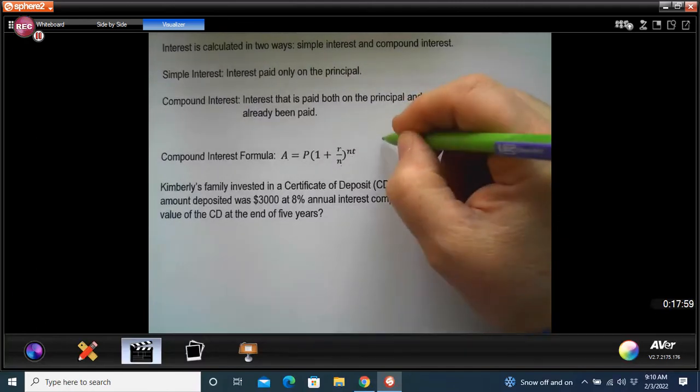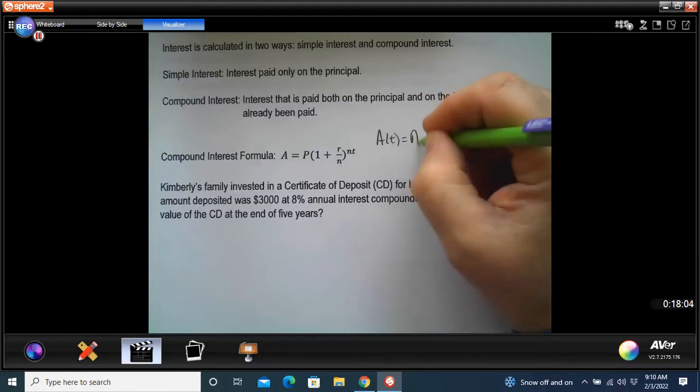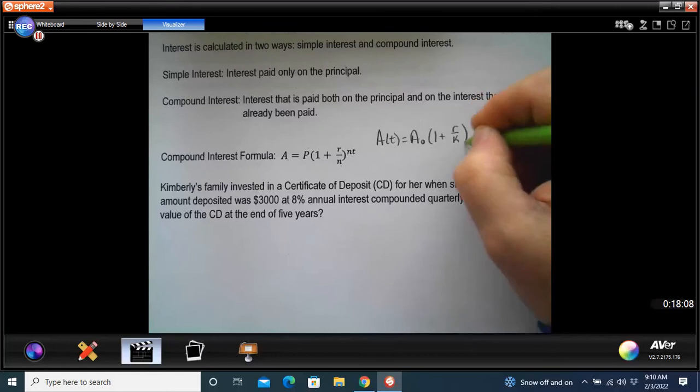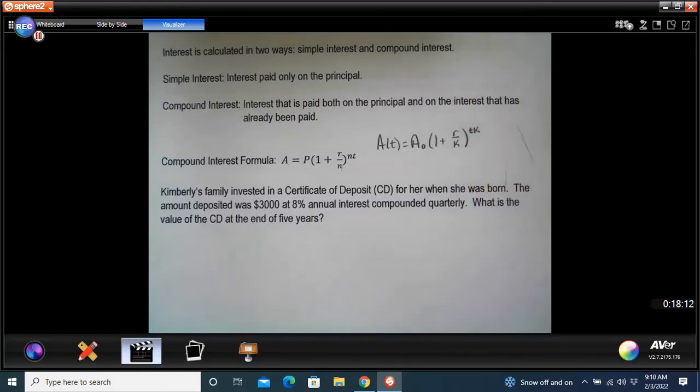What I'm used to is A of t equals A sub 0 times 1 plus r over k to the tk. So if I revert back to that, I apologize, but it's been 30 years and 2 years. I will try to keep the variables the same.